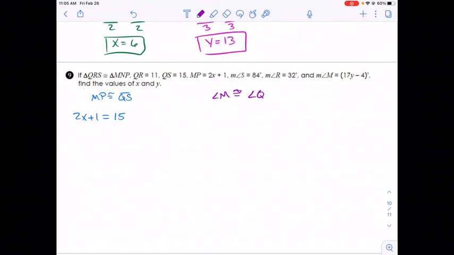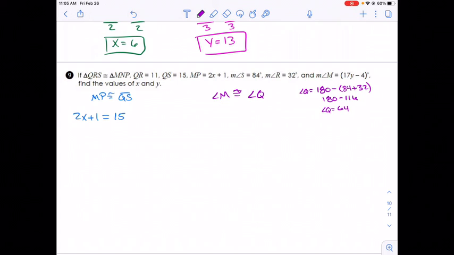So we can find angle Q by doing 180 minus the sum of 84 plus 32. If we add 84 plus 32, that's going to give us 116. So 180 minus 116 is going to give us 64. So angle Q is equal to 64.